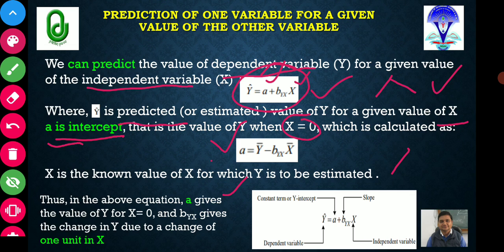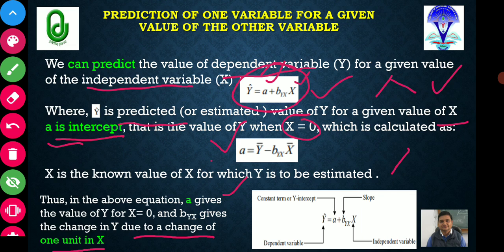And byx gives the change in y due to a change of 1 unit of x. Byx, as we studied in the last lecture, is the regression coefficient. What will be the change in y when we change x by 1 unit?